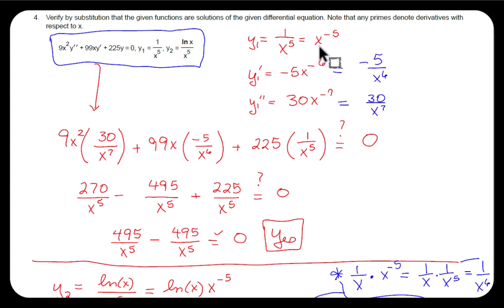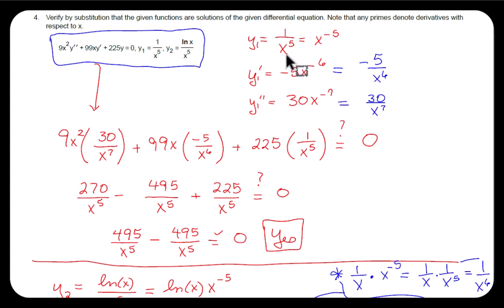All right, so looking at this, 1 over x to the 5 is x to the minus 5. Differentiate it, the minus 5 in the front, subtract 1, so a minus 6. If I differentiate it again, the minus 6 is times the minus 5, so a positive 30, and subtract 1 to get a minus 7.